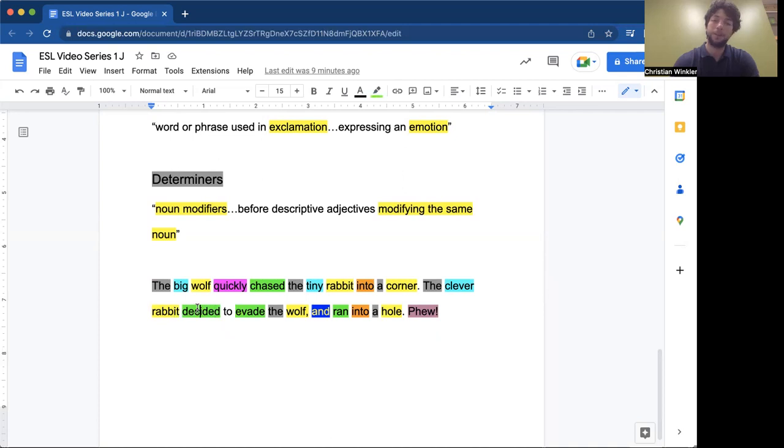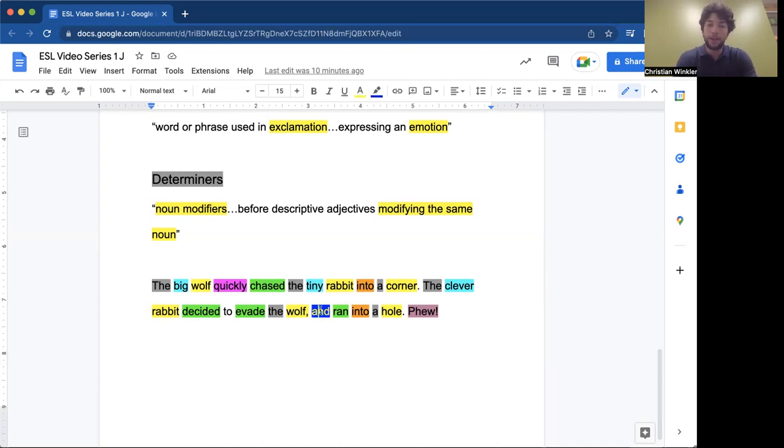So decided is conjugated to agree with the noun rabbit, and then to evade is unconjugated because it's preceded by a conjugated verb.